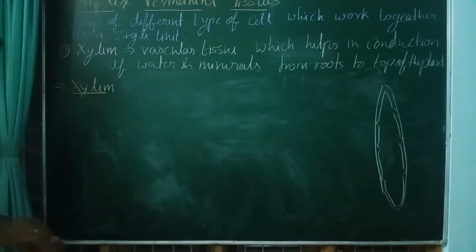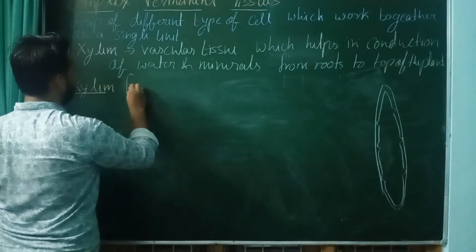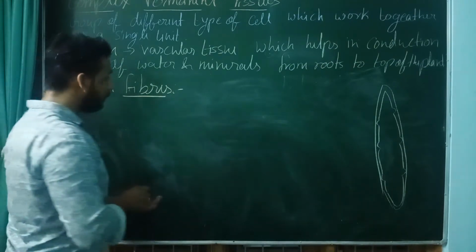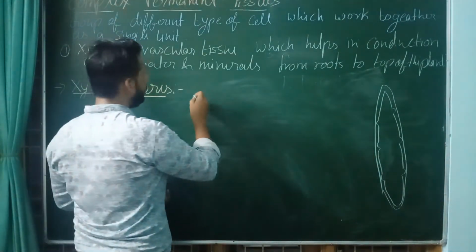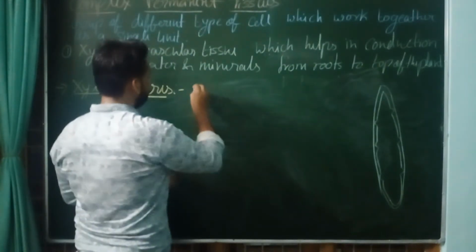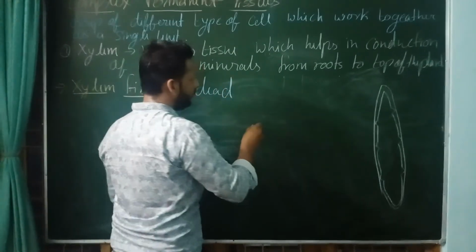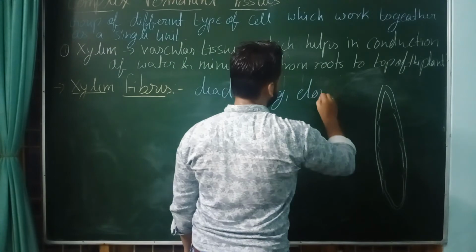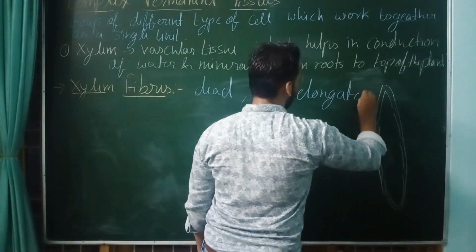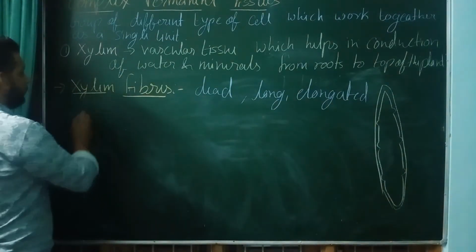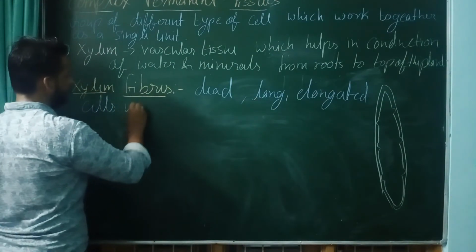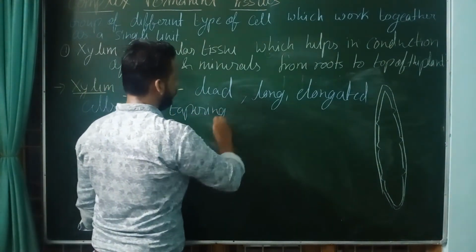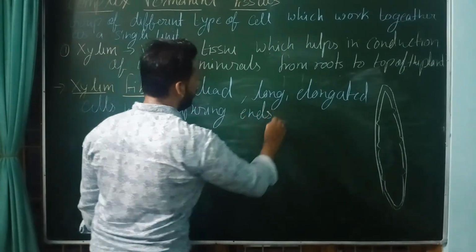So these are dead sclerenchymatous cells, long, elongated cells with tapering ends.